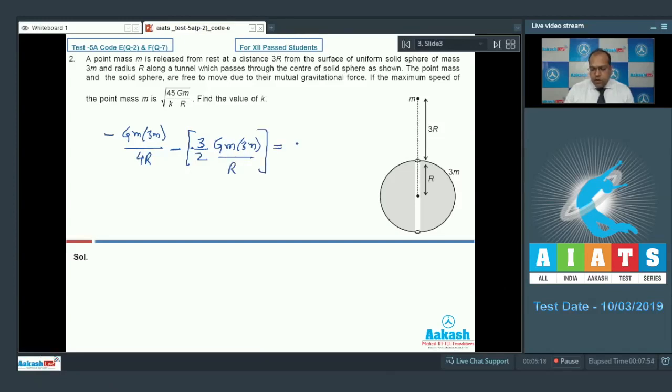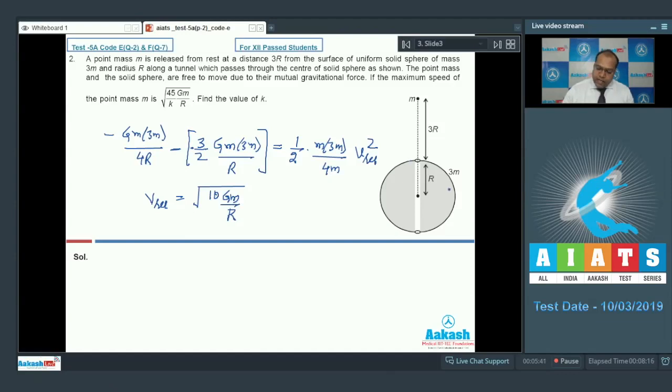So that is equal to half into the reduced mass of the system, that can be written as m into 3m divided by 4m, into v relative squared. So if I solve this equation, the value of v relative comes out to be under root 10 G m by r.